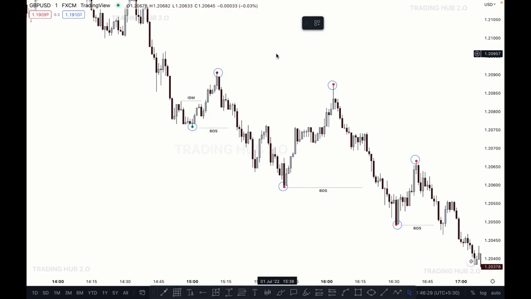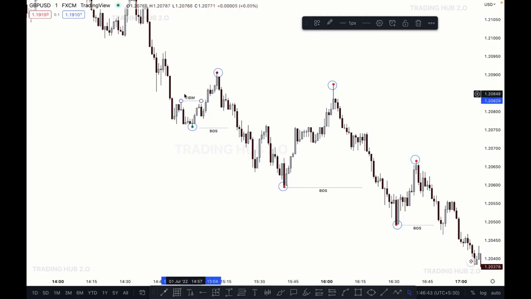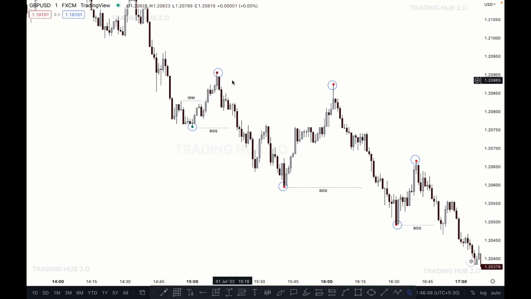Remember one thing to identify inducement: the first most recent high or low acts like an inducement, and the extreme high or low acts like engineering liquidity. This is the first recent high. I'm talking about internal structure, not major structure. These are the major structure, and all these major structures above or below are available external liquidity.